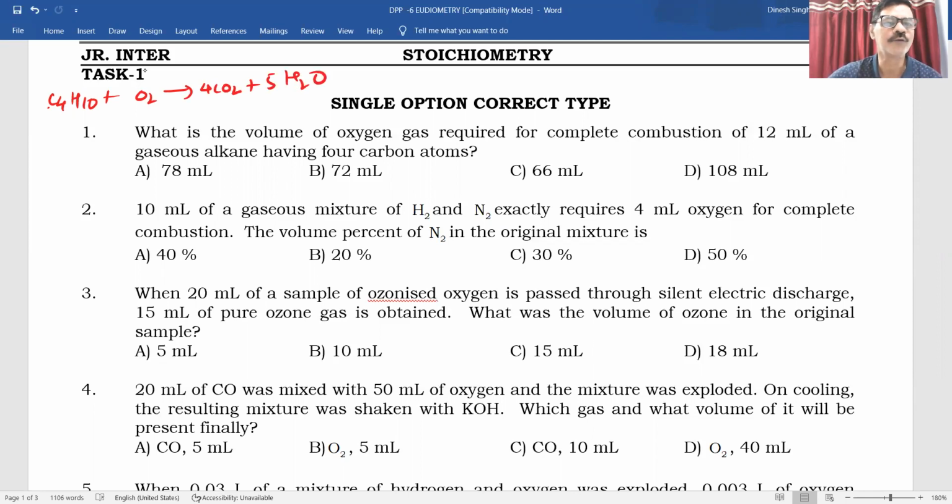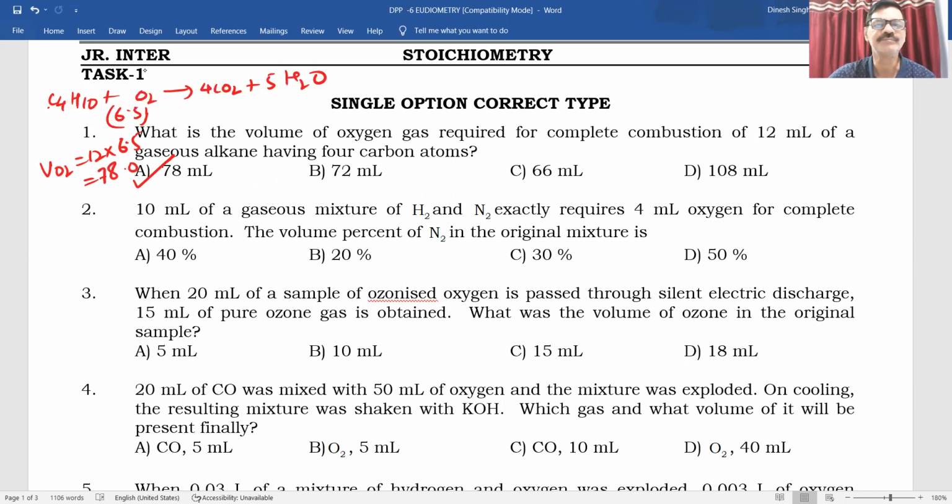The volume of O2 required is 4 plus 5 by 2, that is 2.5, so 6.5. So with 12 ml, the volume of O2 will be 12 into 6.5, which is 78 ml. So A is the correct answer here.